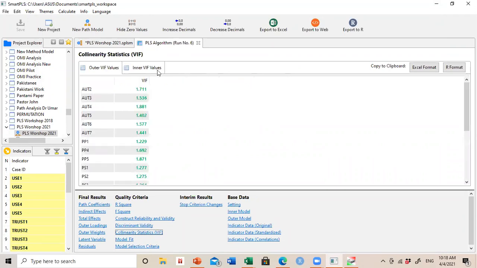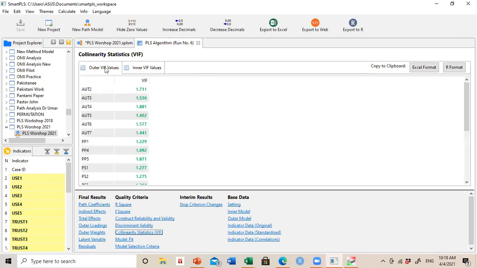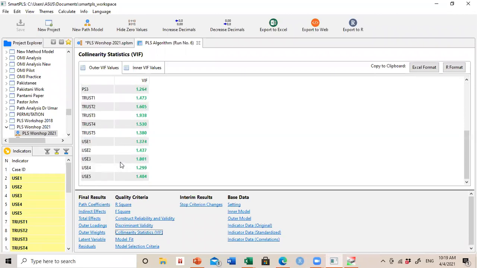According to what we said, if you have a formative construct, you look at both the outer and inner VIF. If you have reflective, you only look at the inner VIF. You don't care whether the outer is okay or not, because for outer VIF we expect the items to be highly correlated, so we don't need it. But in formative constructs, we don't expect any high correlation, so we try to check it.